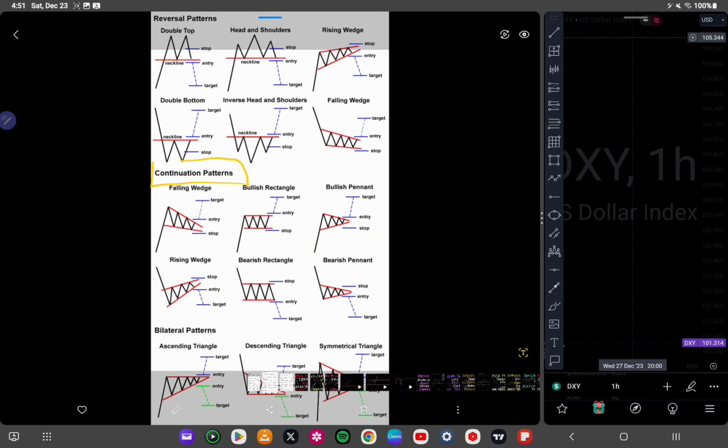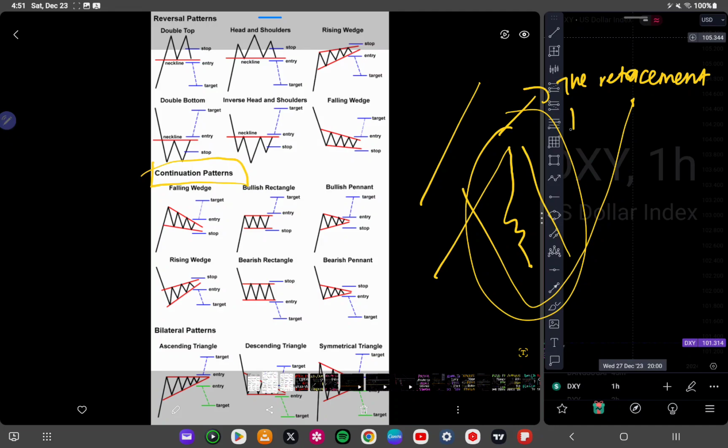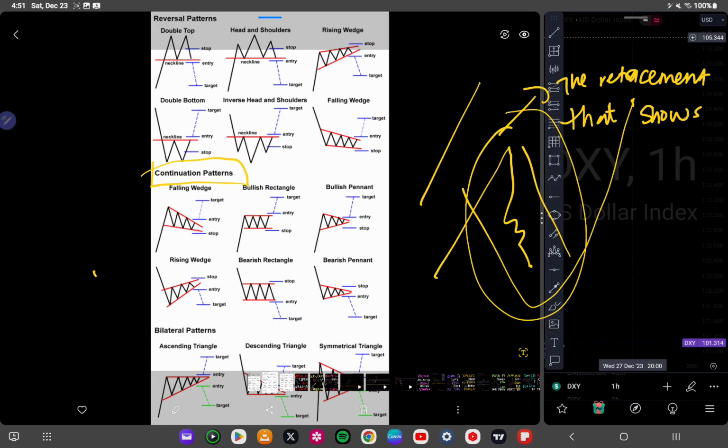Then the continuation pattern, right? A continuation pattern is just as you know it: the market doesn't just go in a straight line. It possibly gives us a retracement before pushing to the upside or downside. So it is the retracement that shows the chart pattern, and that actually lets you know whether it's a continuation pattern or a reversal pattern.